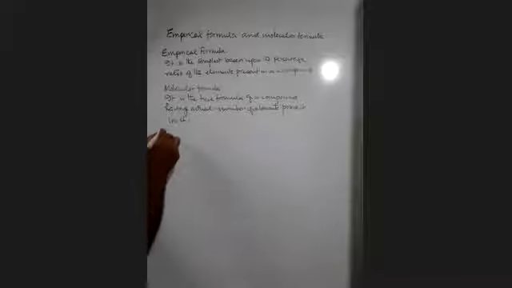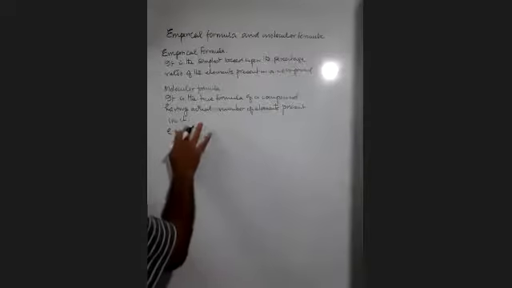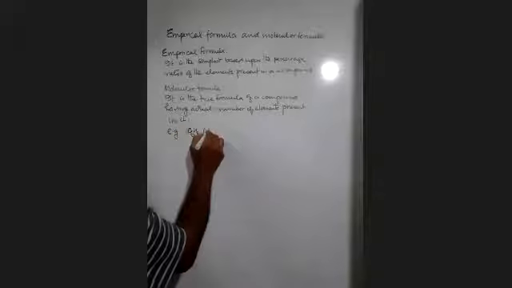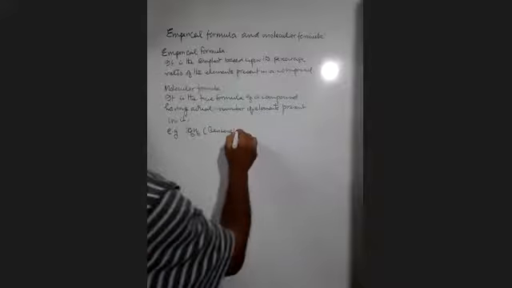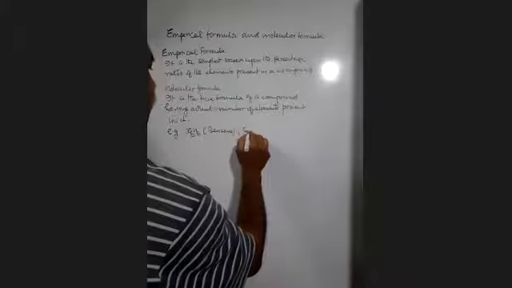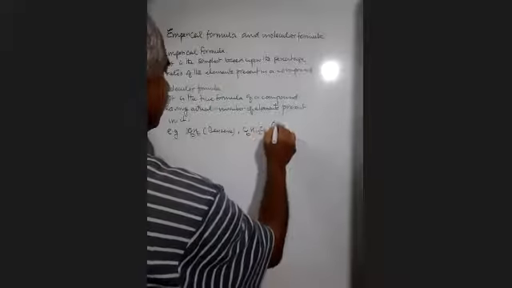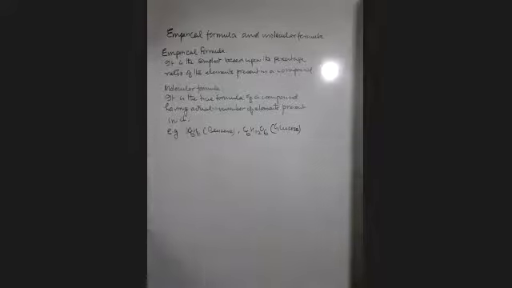So, the example I have given you right here now: C6H6. What is this? This is benzene. C6H12O6. This is what? Glucose. Yes.